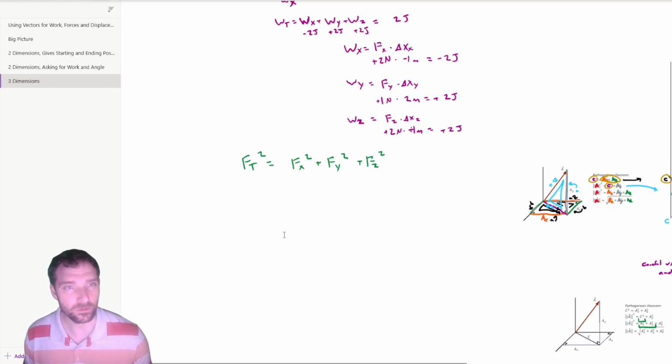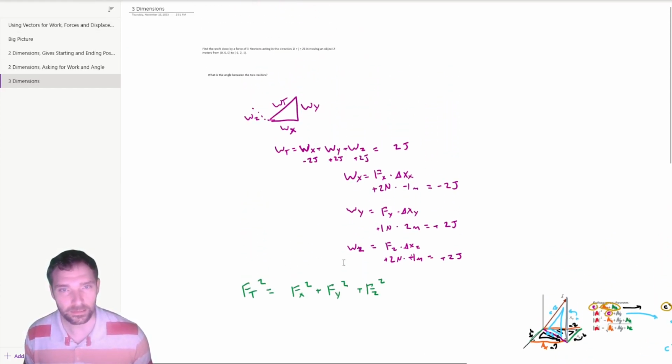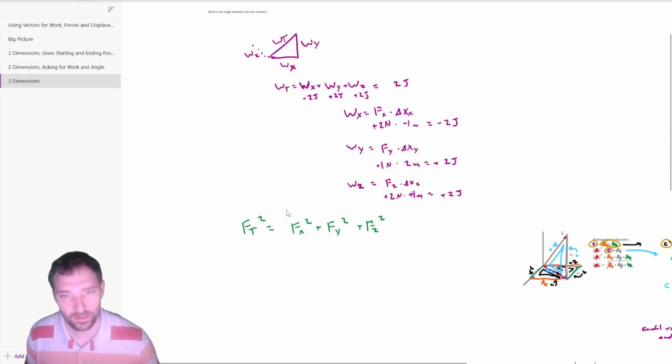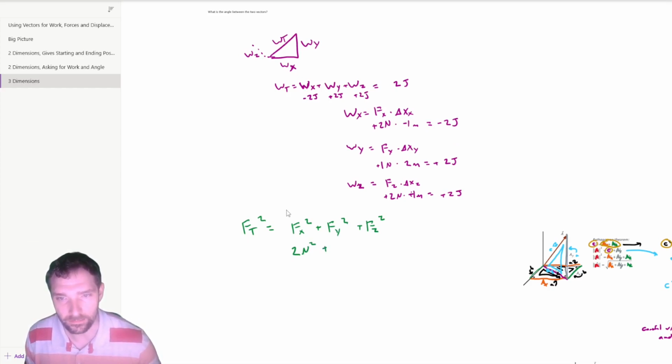So we can do the same sort of idea here that we did before with 2 dimensions. We just need to take the 2 newtons that we've got there, square that, plus the 1 newton there, square that, plus the 2 newtons here, and square that.